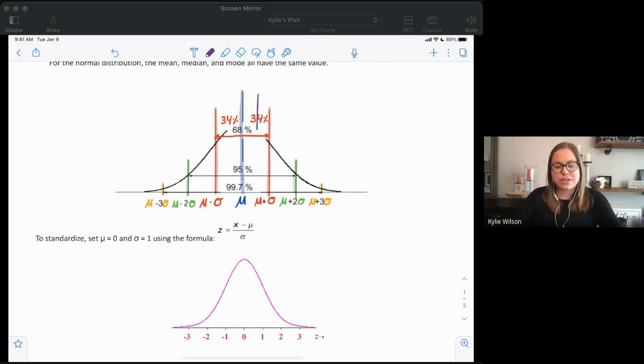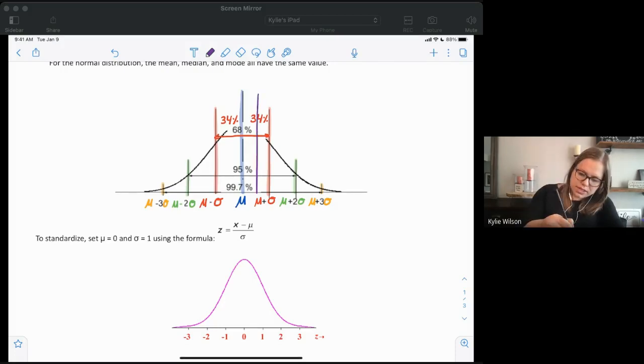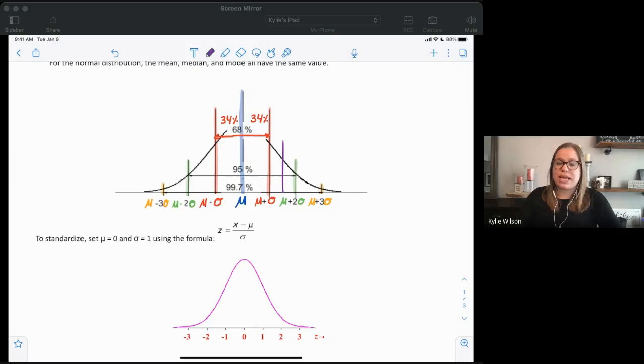What if they fall here, for example, half a standard deviation away? Or maybe it's over here, 1.6 standard deviations away. We need to have a method for determining our percent of points that would be less than that or our probability of having a value less than that. So that's what this lesson's all about.